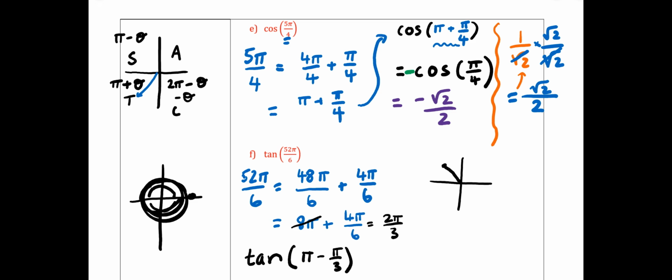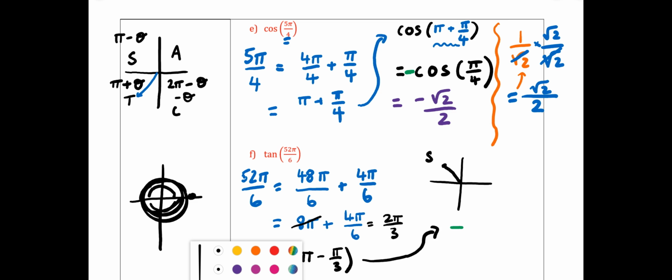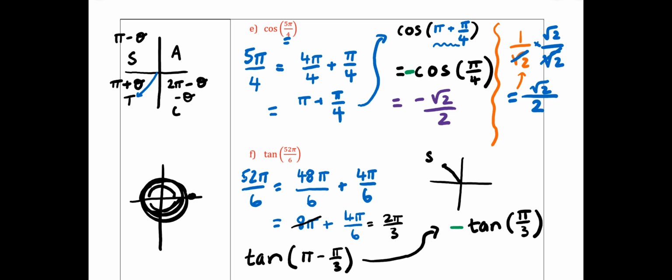Now remember that in the second quadrant, only sine is positive, so tan of pi minus pi on 3, we're saying that's actually just negative tan pi on 3. So using my table of exact values, I can think, oh, what is tan pi on 3?